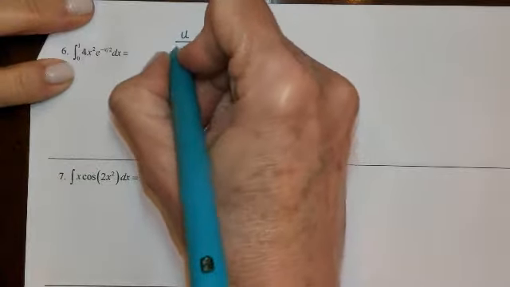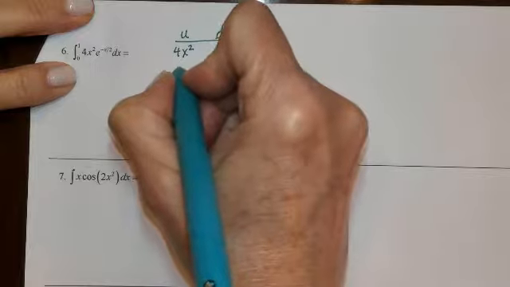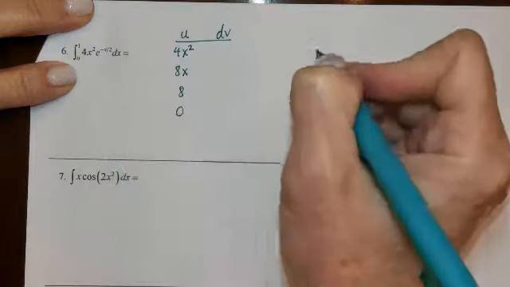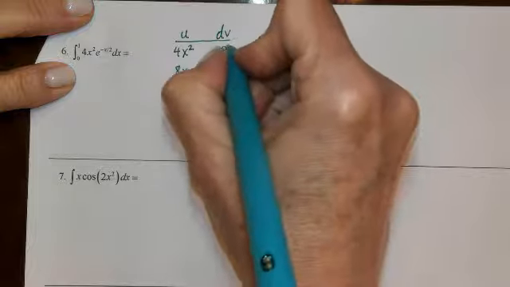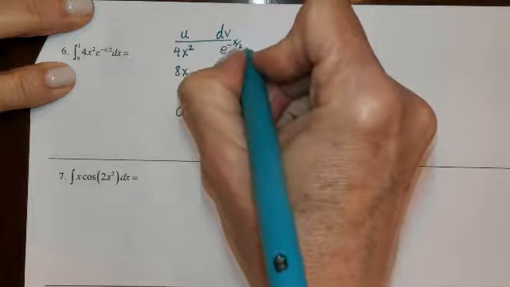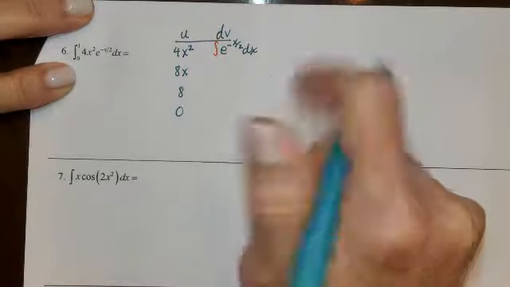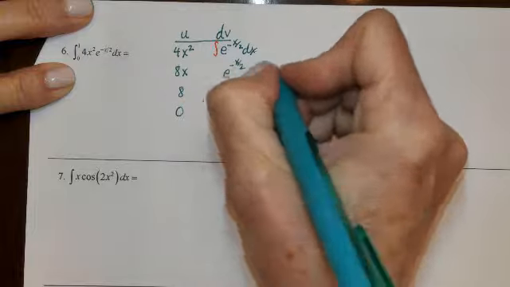So for the u, I'm going to let u be the 4x squared. Take the derivative until you get to 0. Didn't take too long. For dv, I'll let that be e to the negative x over 2 dx. And remember, we're integrating. So the integral of this is going to be e to the negative x over 2.